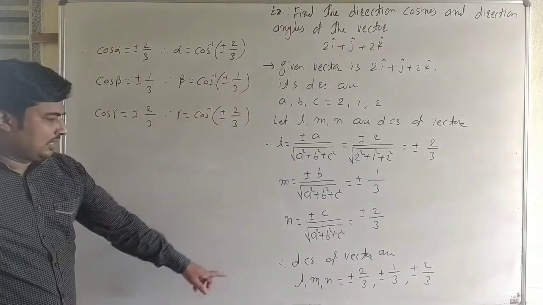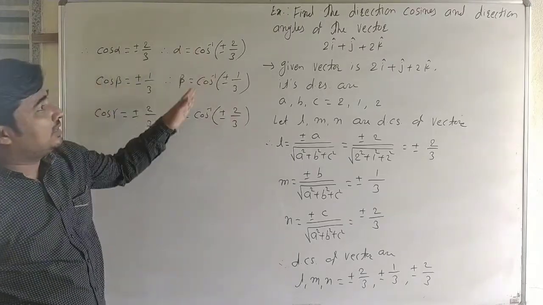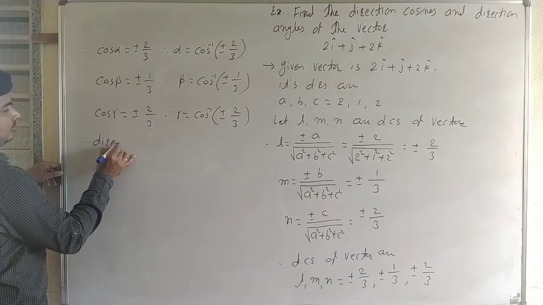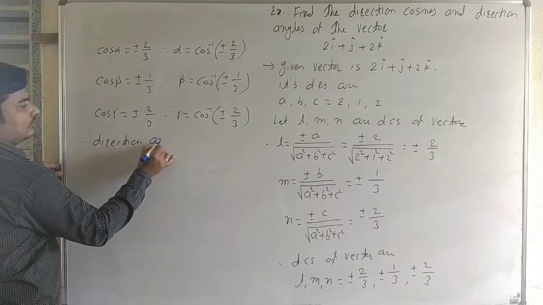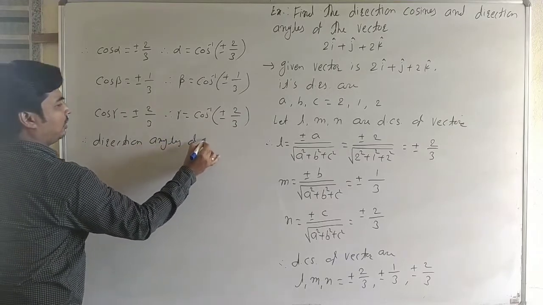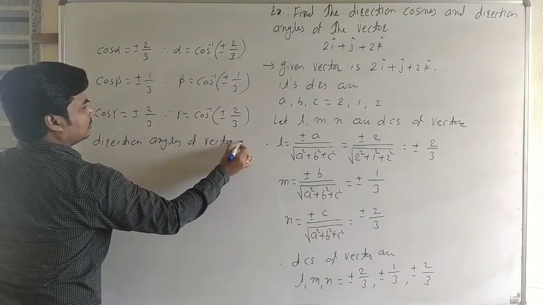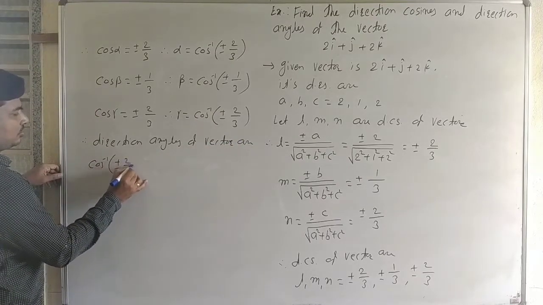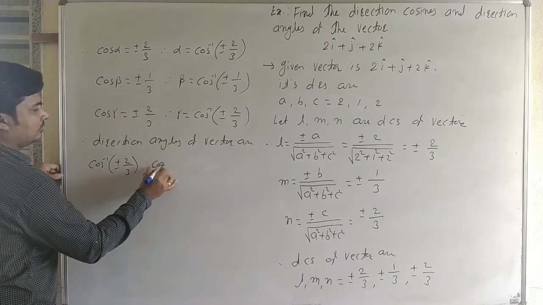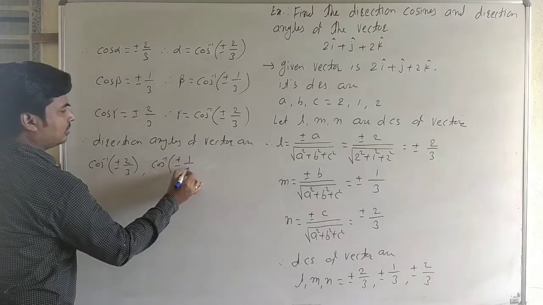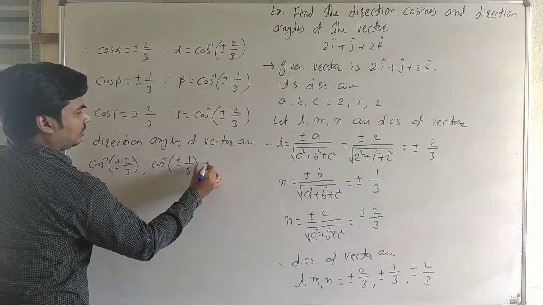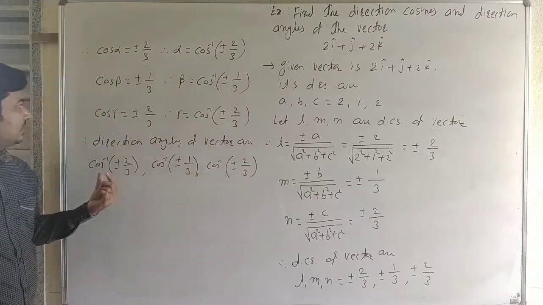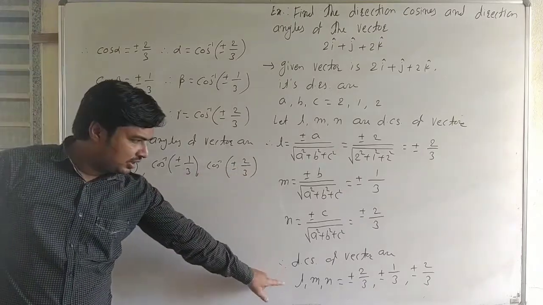Here are the direction cosines and here are the direction angles. Therefore the direction angles of the vector are cos inverse of plus or minus 2 by 3, cos inverse of plus or minus 1 by 3, and cos inverse of plus or minus 2 by 3, that is alpha, beta and gamma.